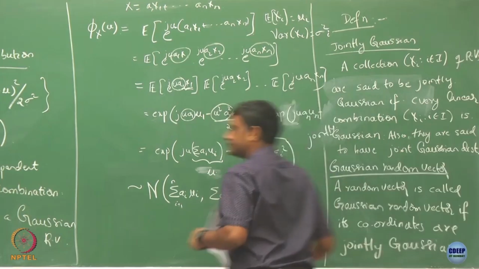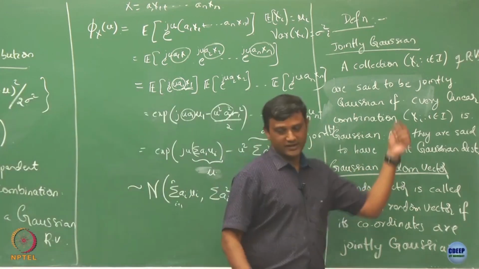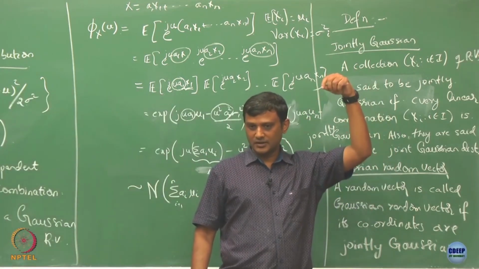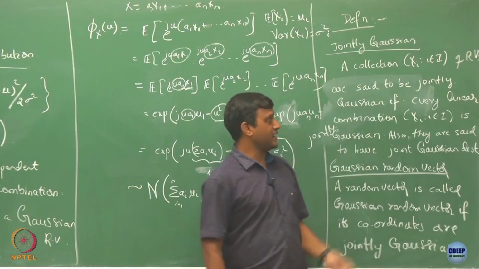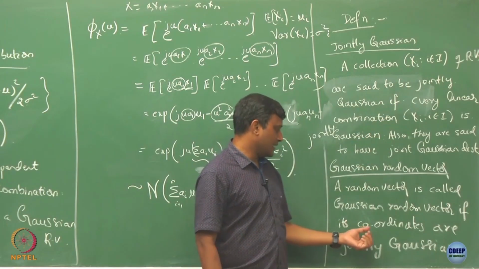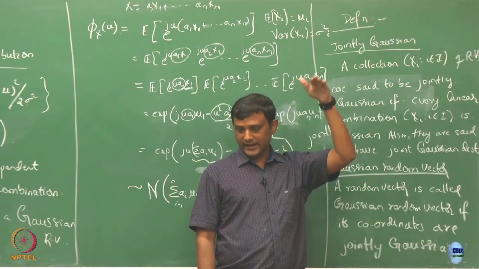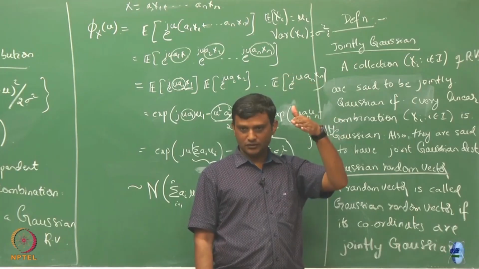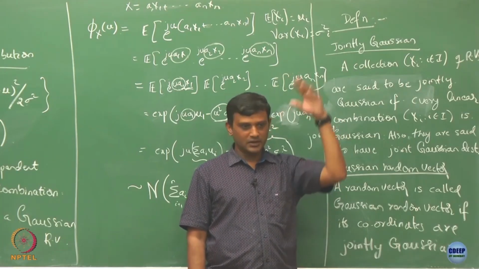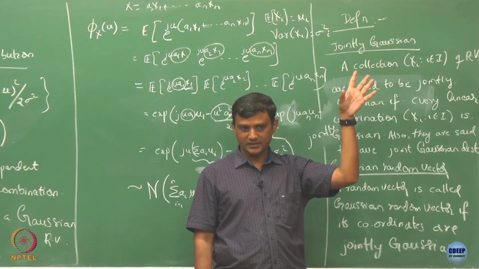Now, when we are given a Gaussian vector, this vector will have components, right? And then we just treat those components as coordinates. When I say x is a random vector, it will have x1, x2, let's say up to xm, and I can treat these as the coordinates of this vector, as we discussed in the previous class.